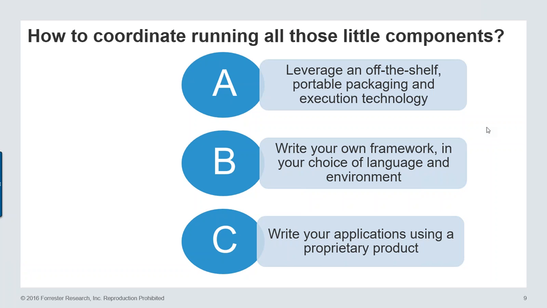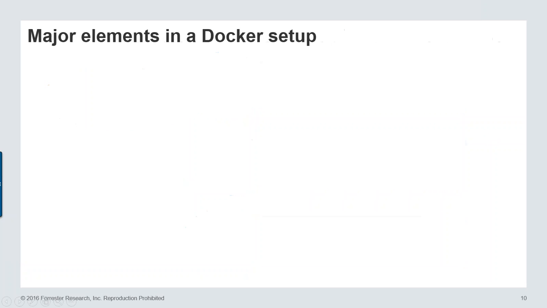Or there are some proprietary products out there that call themselves microservice products and environments, and more or less they may be calling themselves that appropriately. But what we're going to talk about and say that you're generally going to be best with is option A. And option A means OS level containers, and specifically means Docker.